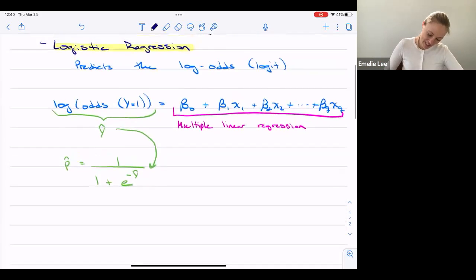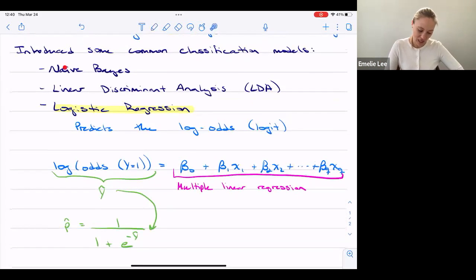So each of these models, they don't just tell us if they're in case 1 or case 0, right? They're going to give us some probability of being in case 1.